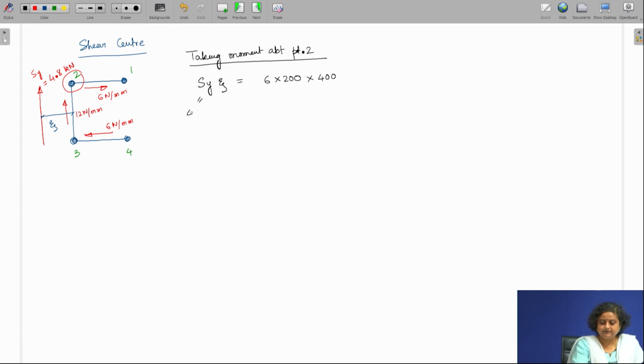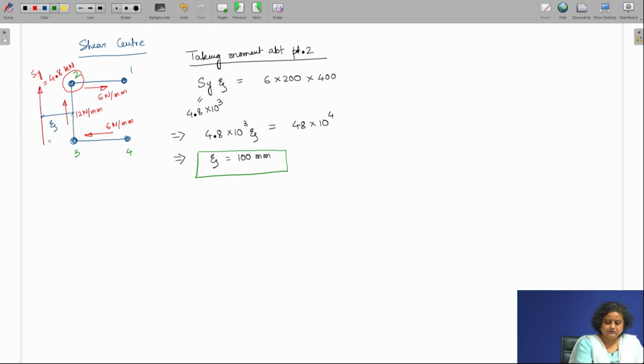Sy is 4.8 into 10 to the power 3. Therefore, we have 4.8 into 10 to the power 3 zeta equal to 48 into 10 to the power 4. That gives us zeta equal to 100 millimeter. So this is the answer that we have. This shear center is 100 mm from the vertical web 3.